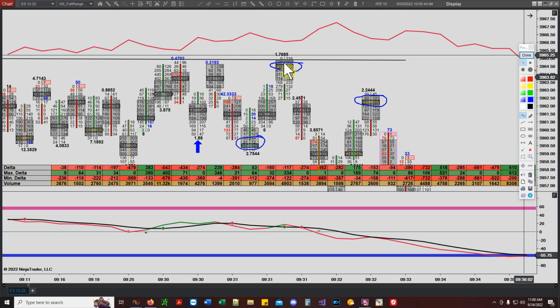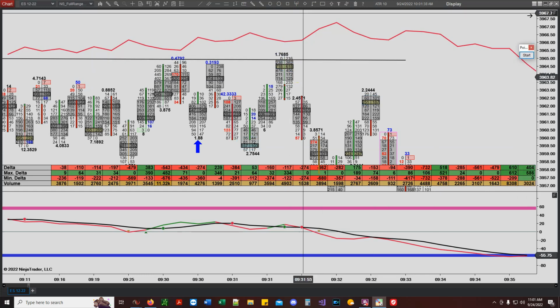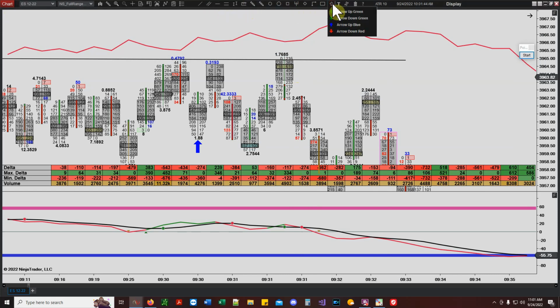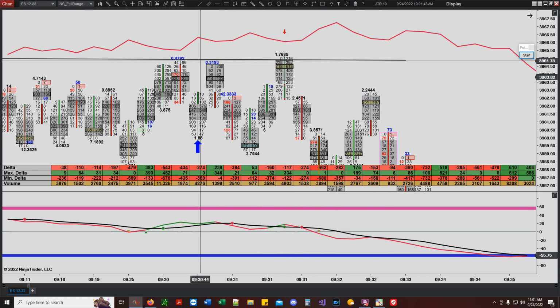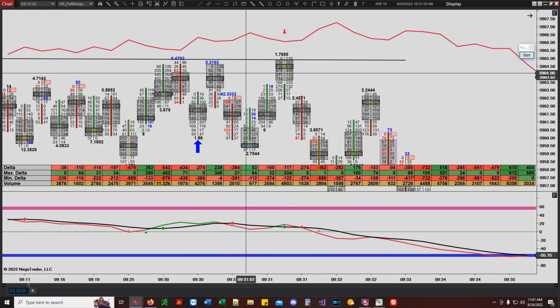But here is another benefit. You didn't get a blue ratio, but you got stopping action up there, which is another red flag. Stopping action, 2 ratios before that, another red flag.